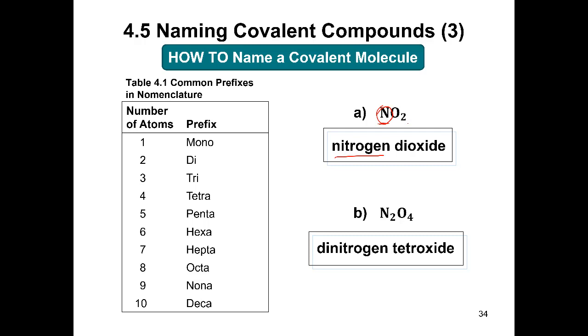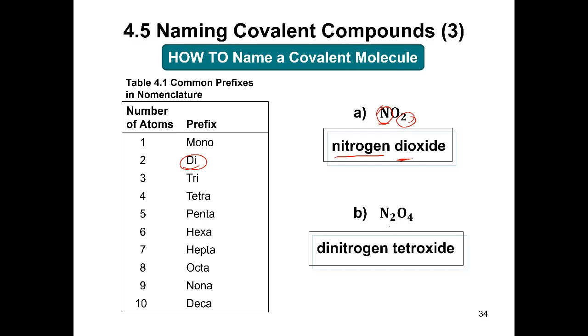Because there's not a metal in it. If there's a metal anywhere in the formula, then that first place is where it's going to be, then we would know that's an ionic, okay? And we wouldn't use these prefixes, but we do use the prefixes in a covalent. And so I'm going to have to say how many of those oxygens I have since it's a covalent. And so it's nitrogen dioxide, and so di is for two.